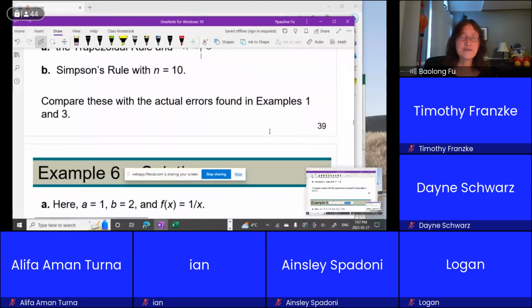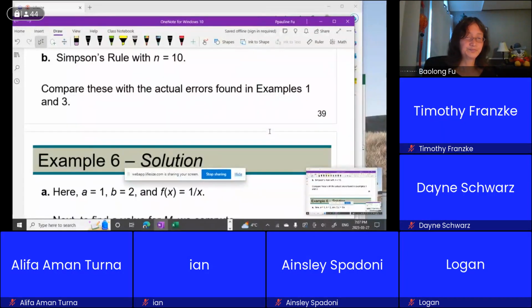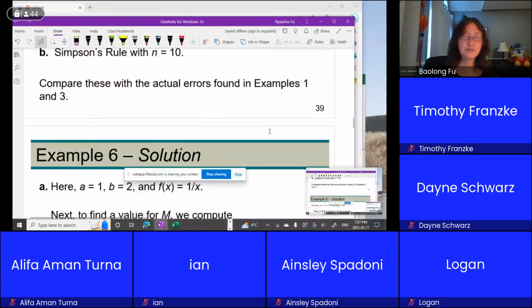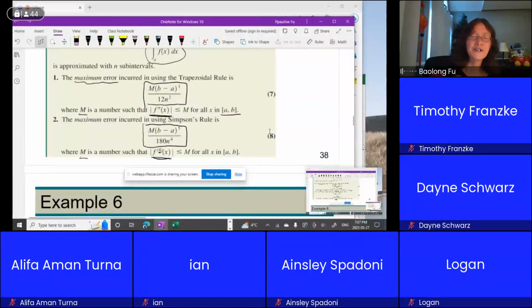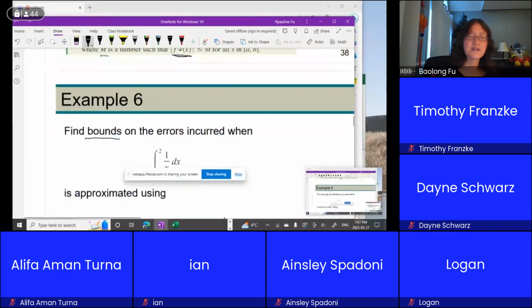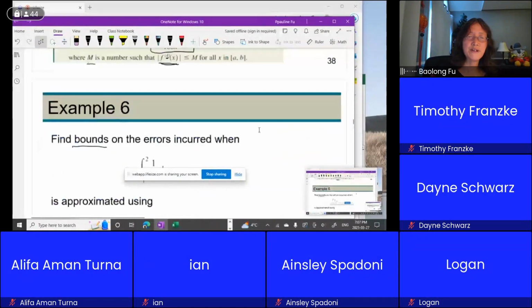And compare this result with the actual errors. So how do we do this? We use this formula. This is question A, this is question B. Question A, trapezoidal rule. Question B, Simpson's rule.